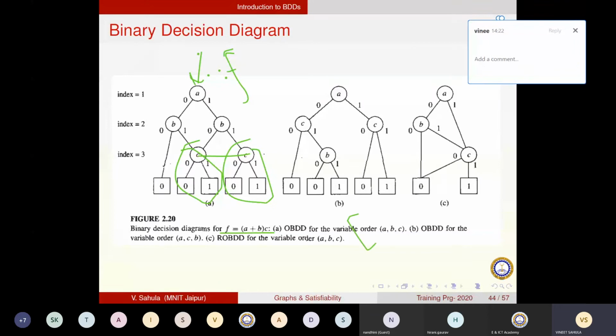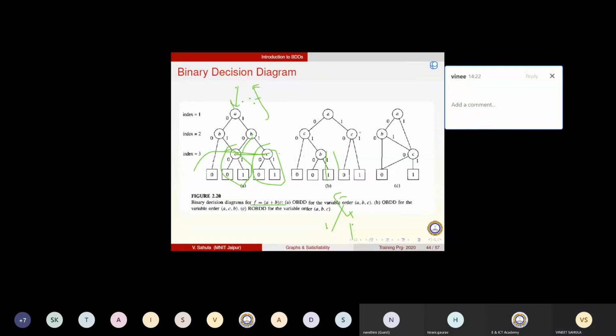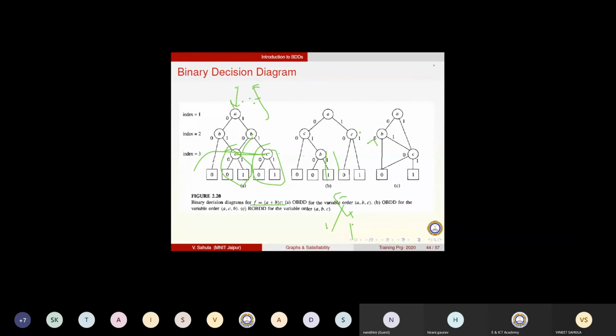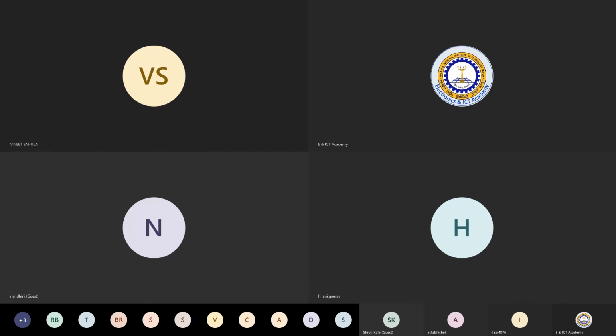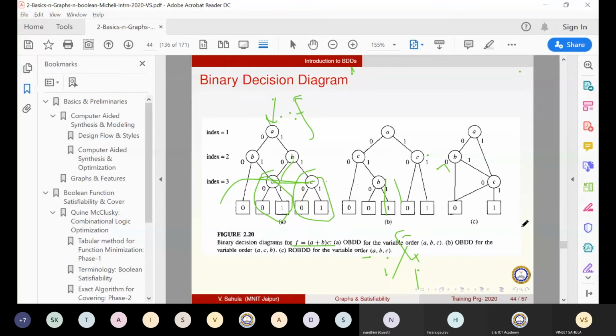I will just take only one graph here, C and its structure, and from B, both the edges will come to the same vertex, C. So I will merge this graph.